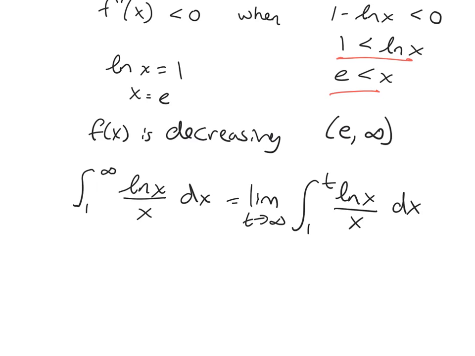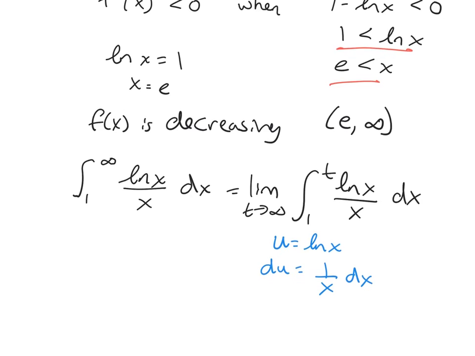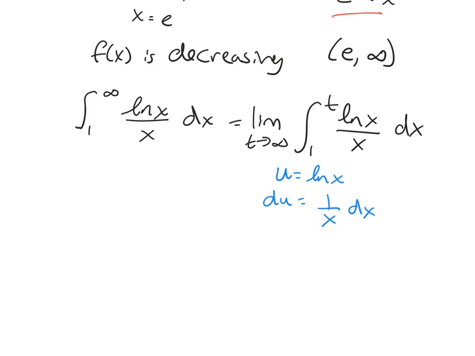Yeah, what would be my u? ln of x. Okay, great. So u is going to be ln of x, and du is 1 over x dx. So I can put this into my integral. u du.